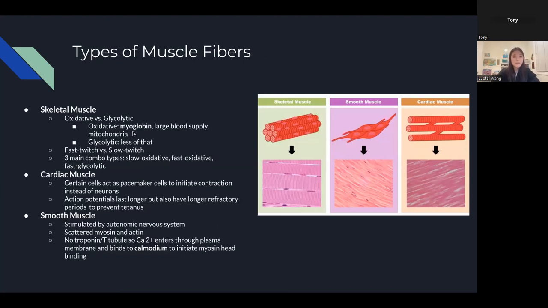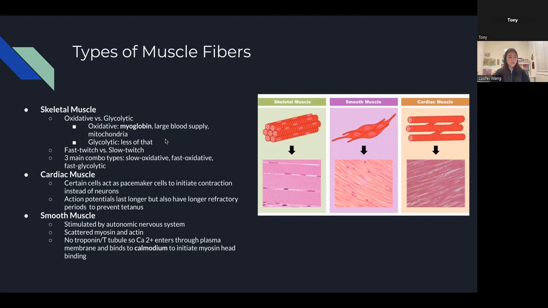So it's going to have a lot of myoglobin to store oxygen. It's going to have a really large blood supply to bring the oxygen and bring away wastes, and also mitochondria for the oxidative phosphorylation. And glycolytic fibers don't rely on that as much. They can undergo glycolysis to produce their ATP, so they don't need as much myoglobin, mitochondria, or blood supply.